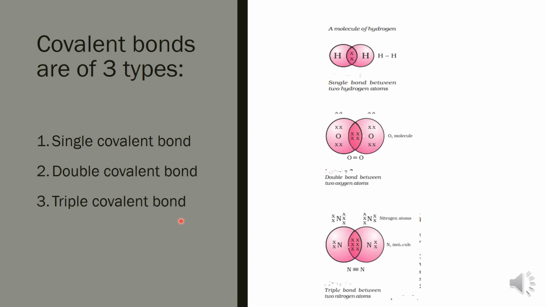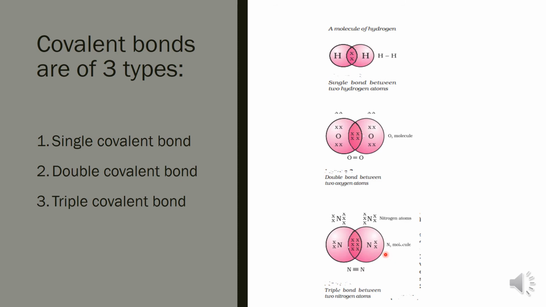Since 3 pairs of electrons will be equal to 6 electrons, we can say here the triple bond is formed by the sharing of 6 electrons in between 2 atoms, and each atom is contributing 3 electrons for bonding.